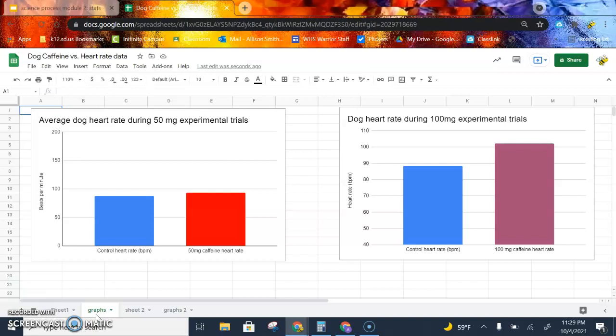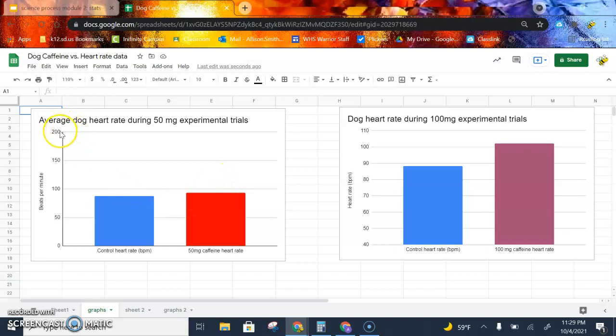Well, I may or may not have just fooled you, because upon first impression, it doesn't look like much of a difference between the 50 milligram and the control in the first experimental trial, and it looks like there's a much bigger difference here between the 100 and the control. But if you look closer, you can see that I actually changed the scaling on my graph.